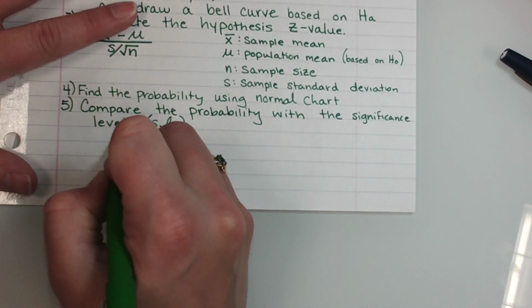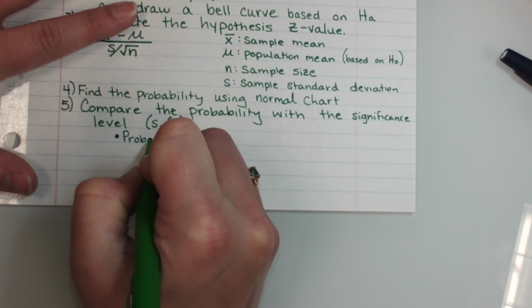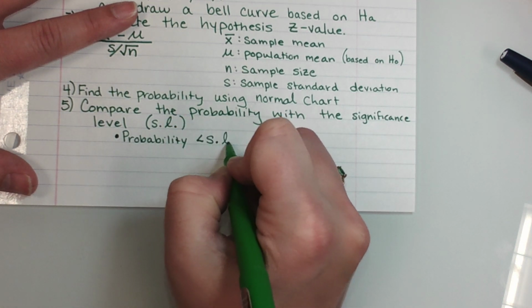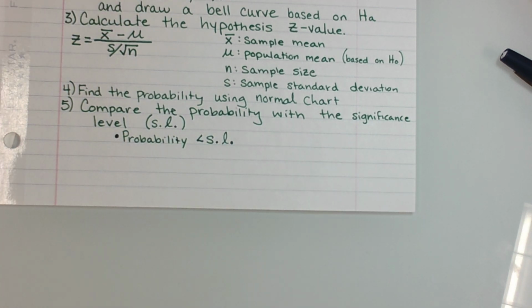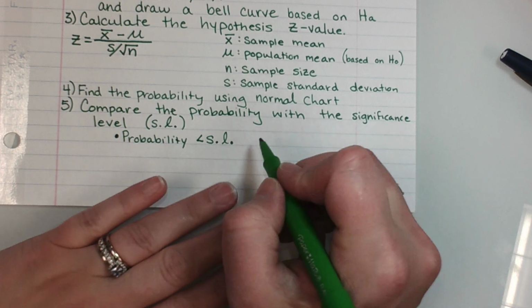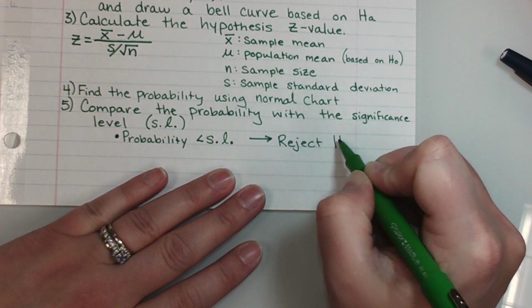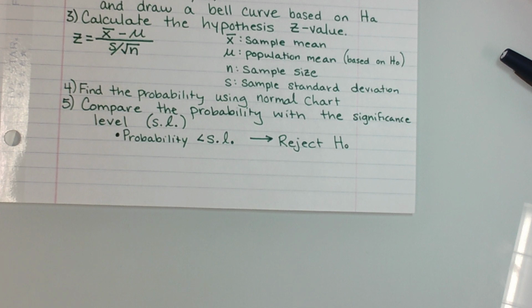So if the probability that you get is less than that significance level, that means the probability of those results coming out of that sample is so small, it's beneath the significance level, that you have enough information to then reject the null hypothesis. You can reject that there is nothing wrong in the situation.